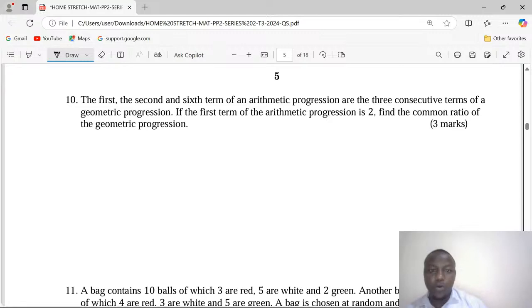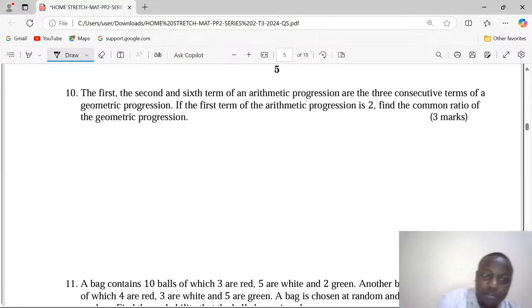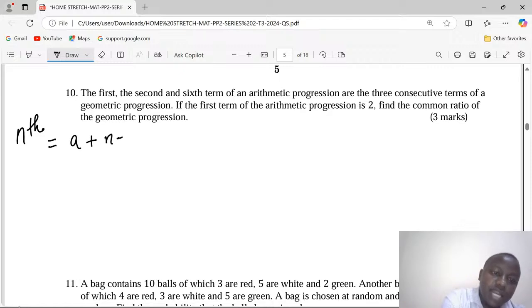We're supposed to know how a certain number of terms is obtained from arithmetic progressions. Any term is generally given by a plus n minus 1 multiplied by d.